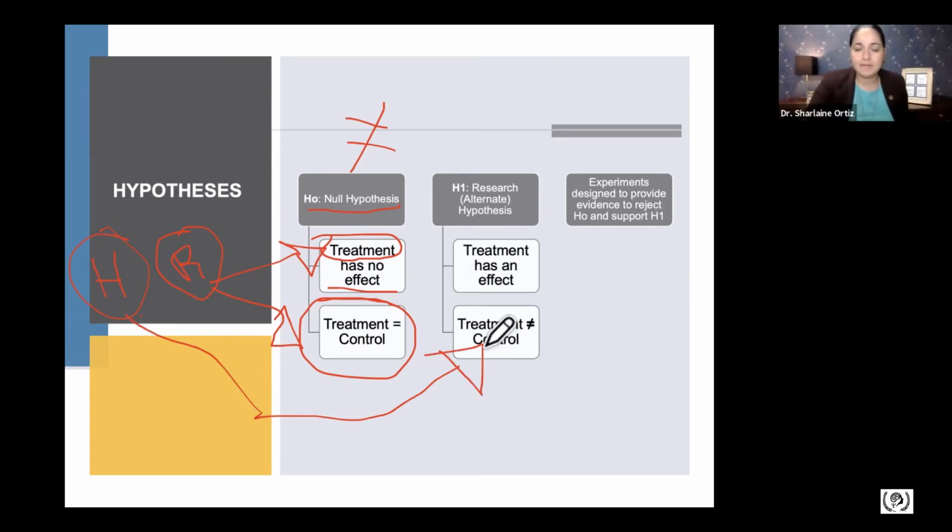So what do I mean by that? Now we're going to move forward to our alternate hypotheses. So what this means is, here we stated, regardless of the room temperature, there's not going to be a change in that group. Whereas in our alternate hypotheses, we're saying, yes, there will be a difference.